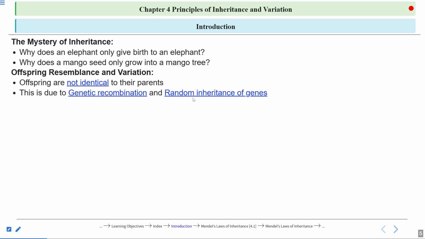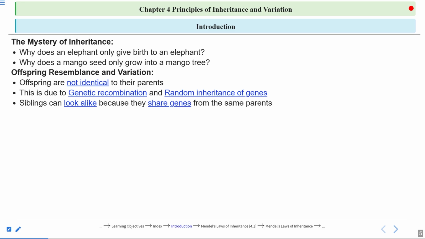And then the genetic makeup, the genes of the mother and the father, are combined together in the zygote. In the zygote, one set of chromosomes comes from the father and another set of chromosomes comes from the mother. So there is mixing of the genes. This is also a source of variation.